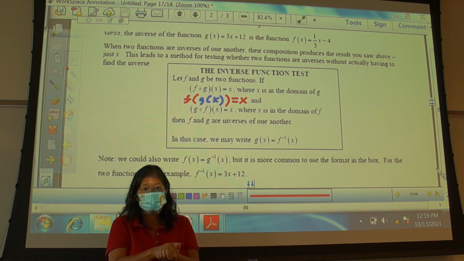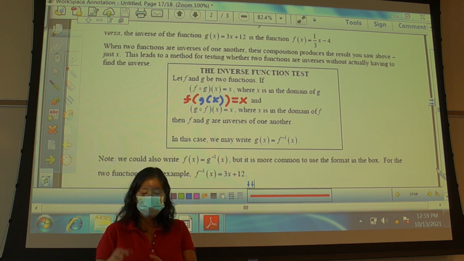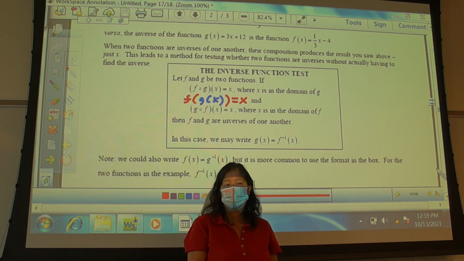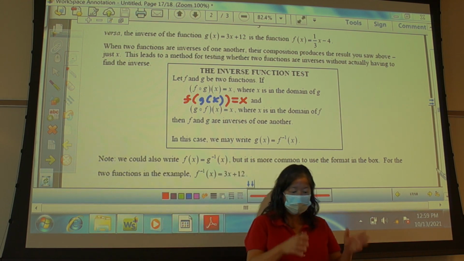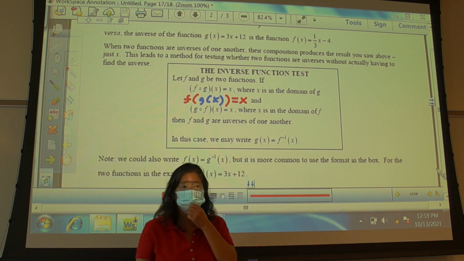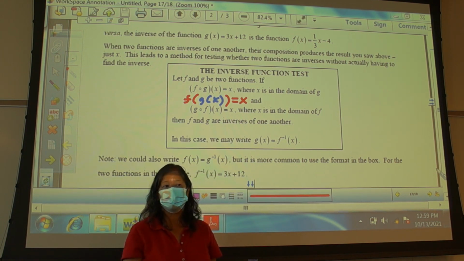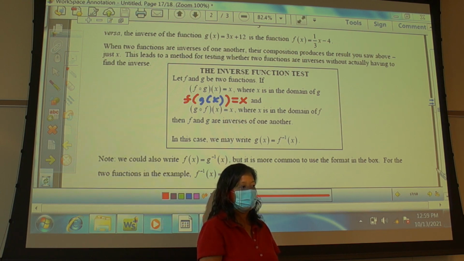Everybody understand this? If I want to convert from dollars to pesos, I've got 10 bucks, 20 to 1, I get 200 pesos. If I do the inverse function, convert from pesos to dollars, 200 pesos, I get back to 10 bucks. You get back what you started with. Whatever x you put in, whatever you start with, you get the same number back.